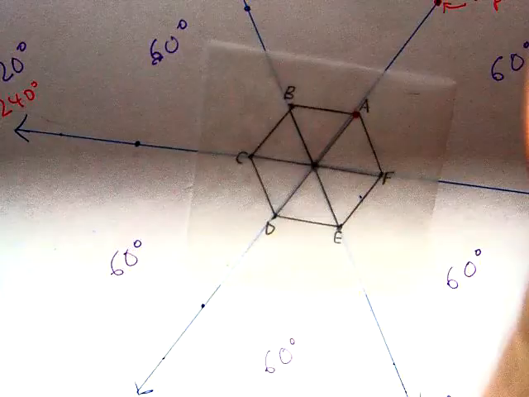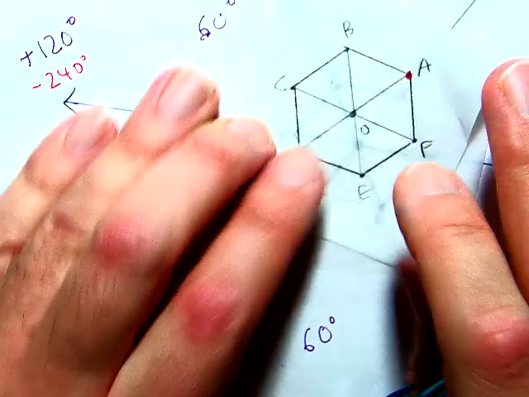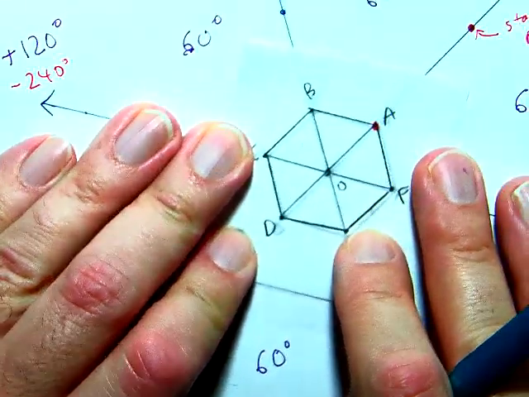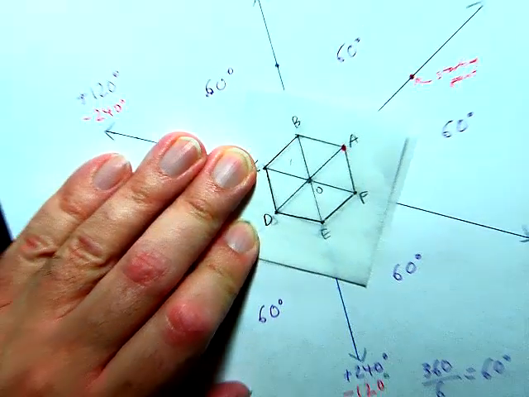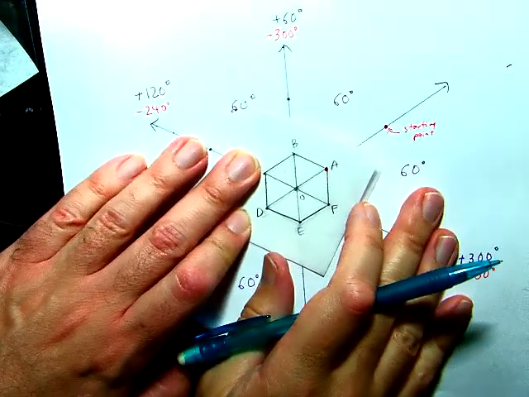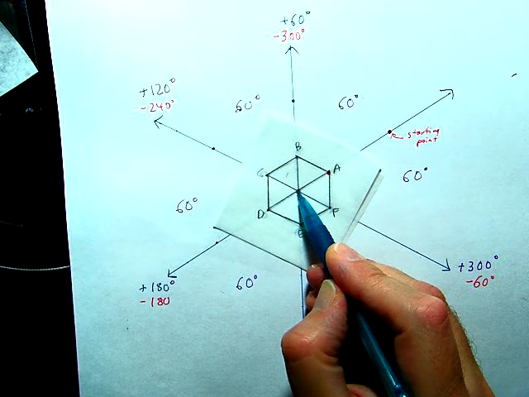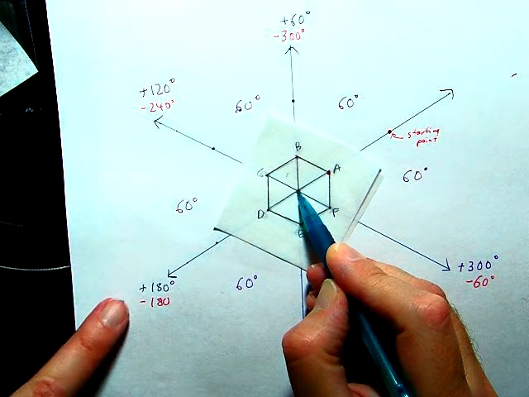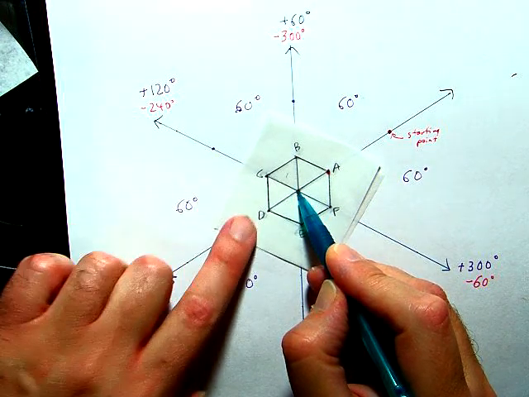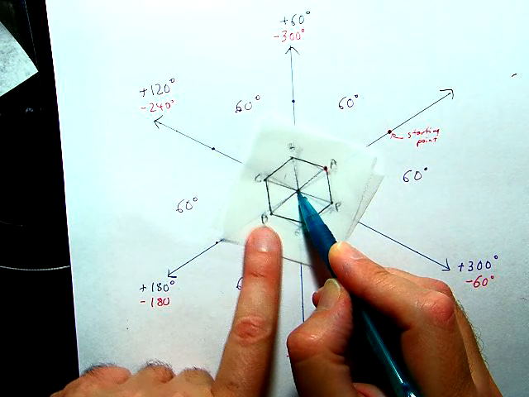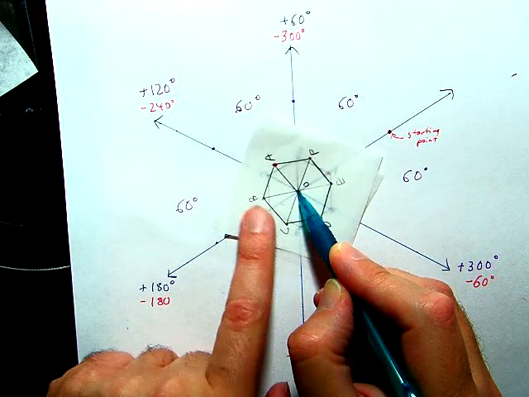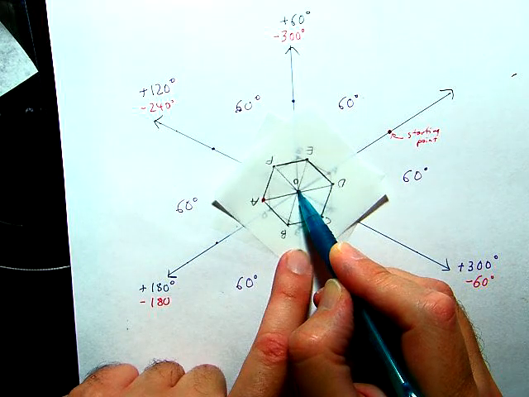Let's check and see. Let's start again at our starting point over here, and let's go to 180 degrees, which is right there. So let's move the red dot all the way around until we're at 180 degrees, which would be right there.